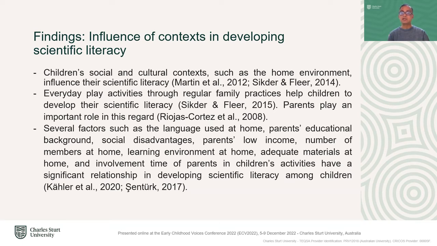It is also evident that a number of home and institutional factors also influence scientific literacy in the early years. For example, studies found that some specific factors, such as using a different language at home, parental lower educational background, inadequate material at home, and less involvement time of parents with children's activities, have an adverse effect on developing scientific literacy.